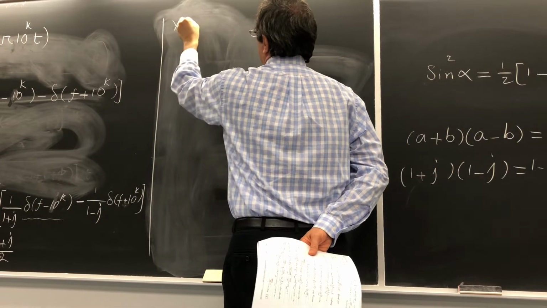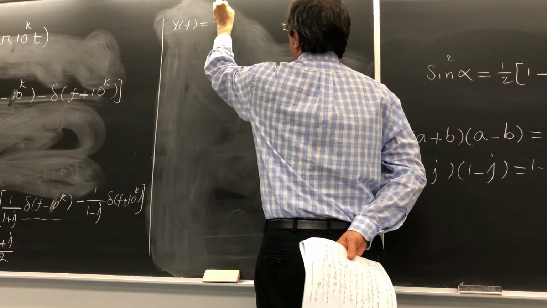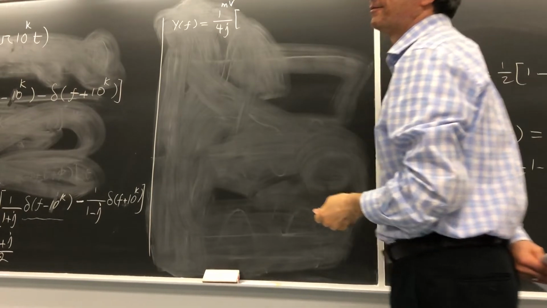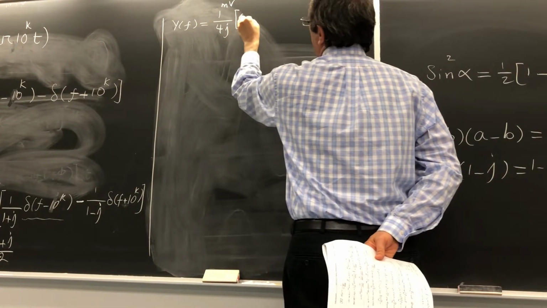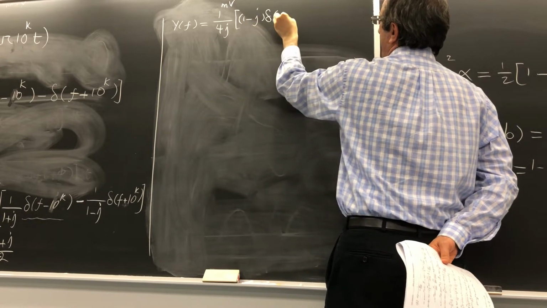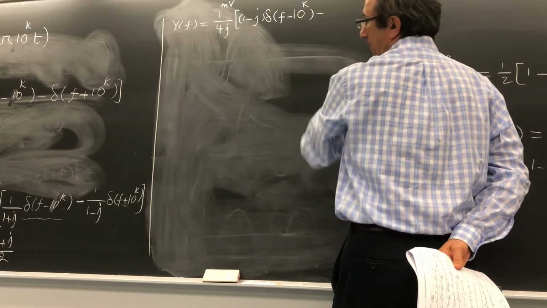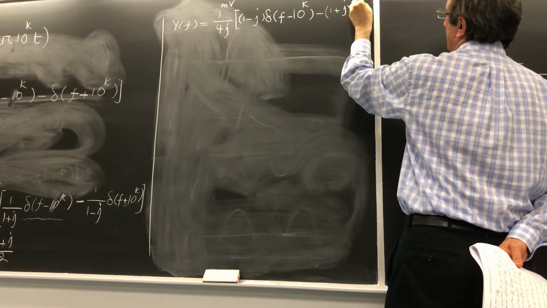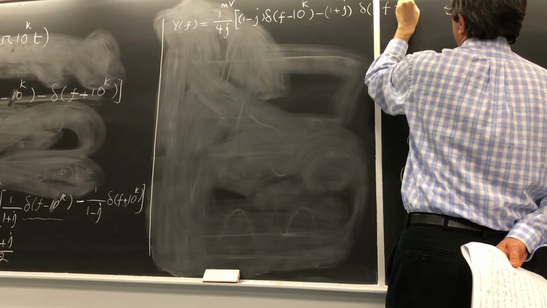So y of f would be 1 millivolt over 4j times 1 minus j delta of f minus 10k, minus 1 plus j times delta of f plus 10k.